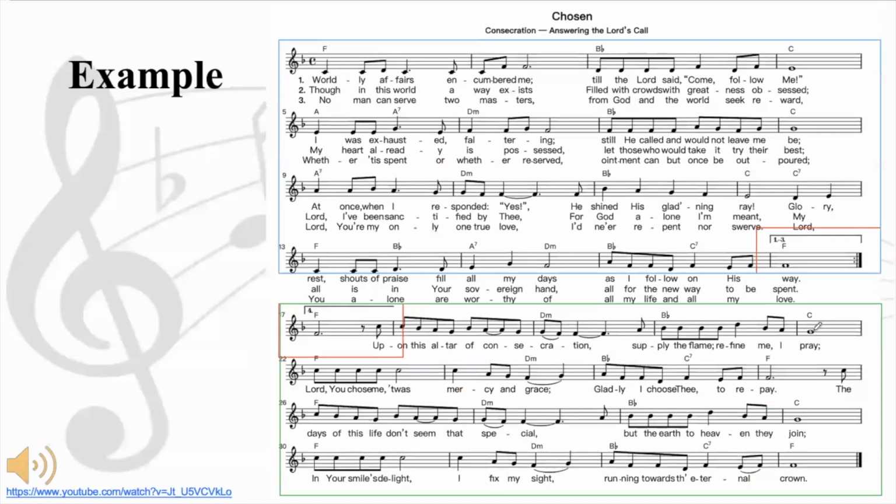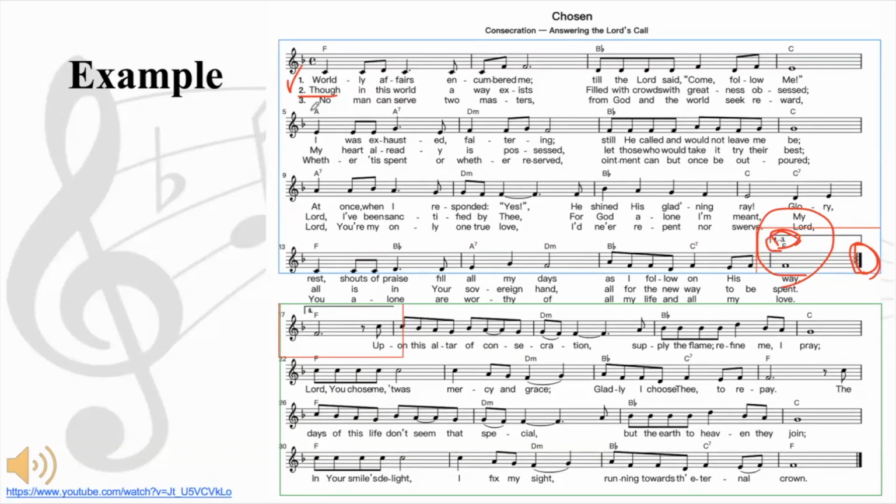This hymn was written in Chinese and translated into English. The way we sing is that we will see the first stanza, and then until here, we can see 1, 2, 3. Okay, so we have a repeat sign here, so we need to go back to the beginning. Then we come to the second stanza, and then again we sing until this fourth line, the end, and we have 1, 2, 3.